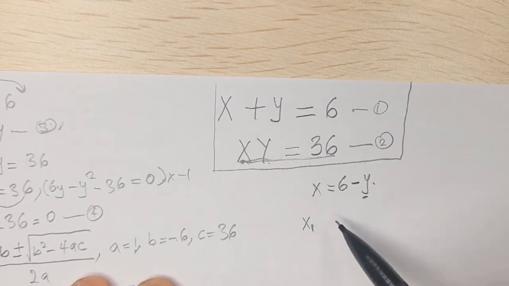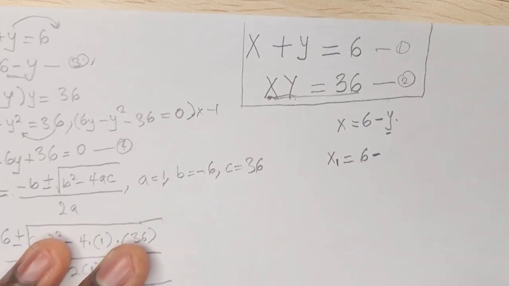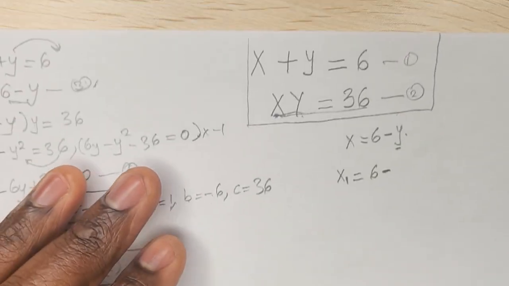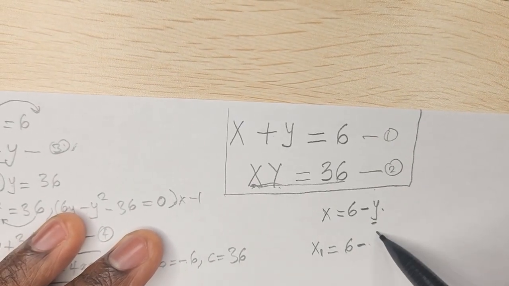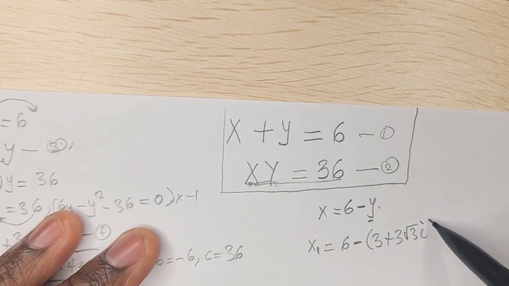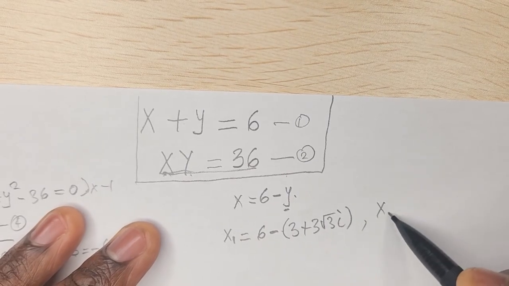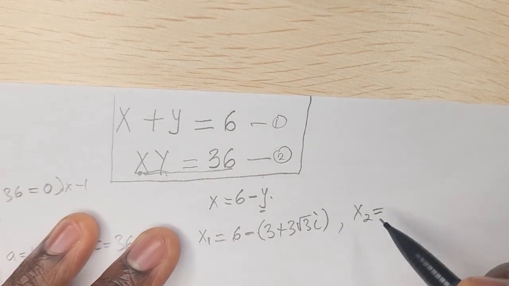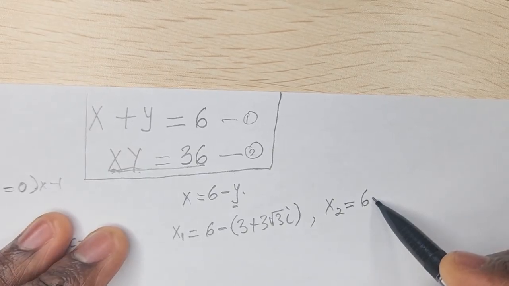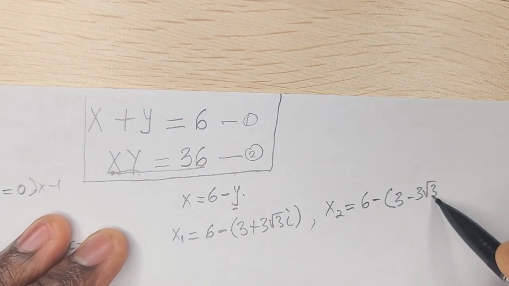So x1 equals 6 minus our y1, which is 3 plus 3 root 3 i, and x2 is 6 minus 3 minus 3 root 3 i.